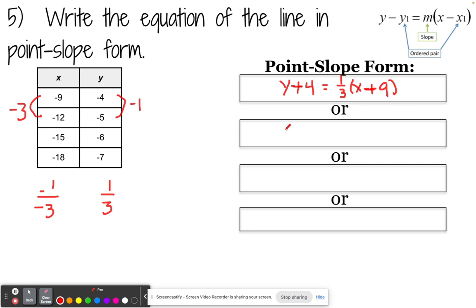So my second one will be y minus negative 5, which becomes y plus 5, equals 1/3 x minus negative 12, which will become x plus 12.